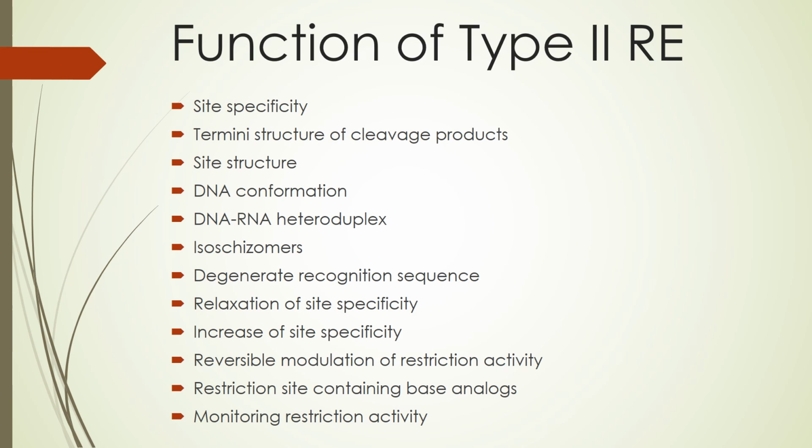Now, site structures. The recognition sequence of the majority of type 2 restriction endonucleases are inverted complementary sequences, that is, palindromic. The cleavage occurs within the recognition sequence. Since the DNA conformation matters, restriction endonucleases are not only sequence specific but also structure sensitive and may exhibit either enhanced or reduced cleavage activity.